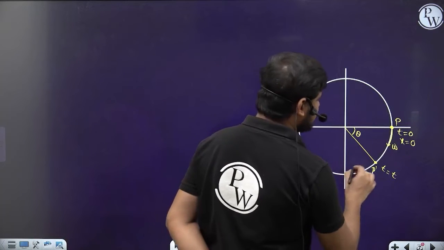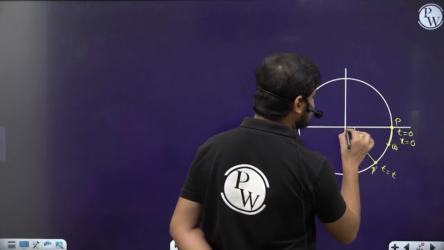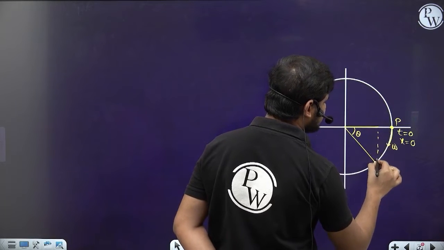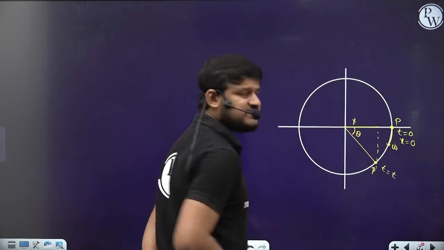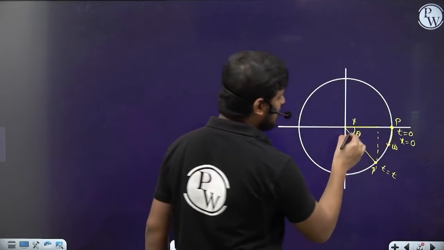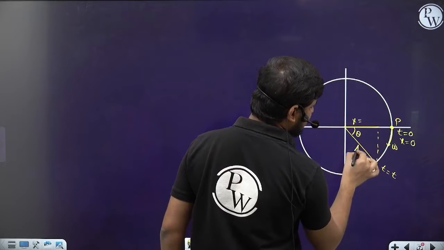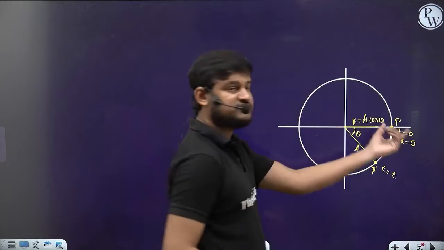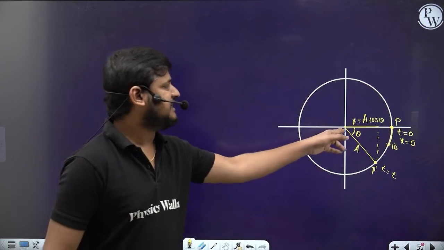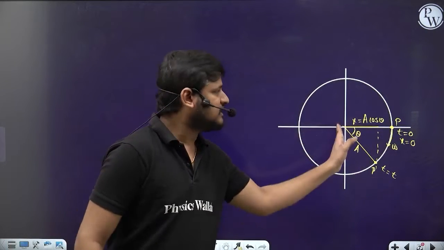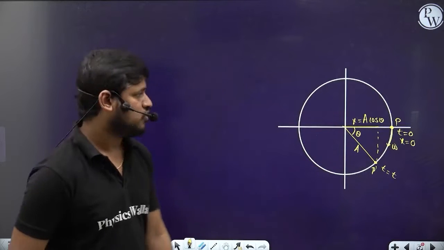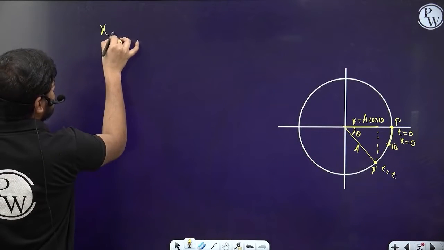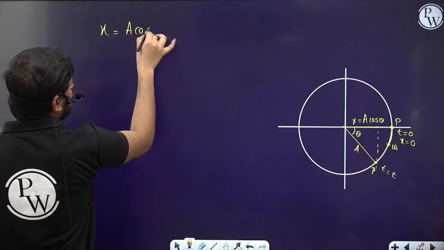Now its projection on the x-axis, here this will be the projection on the x-axis. As theta is this side, I can write, this total is A, we consider. Then this will be A cos theta, as it is towards the right of the mean, consider it as plus A cos theta. So x is equals to A cos theta.